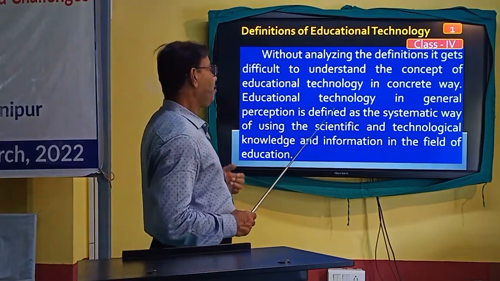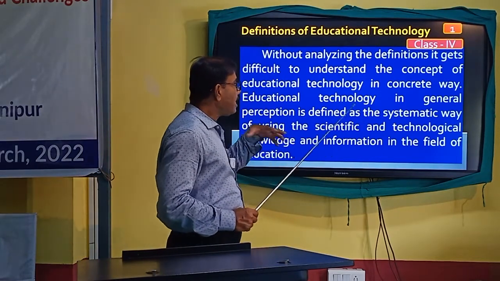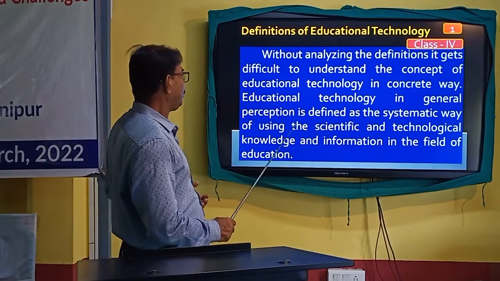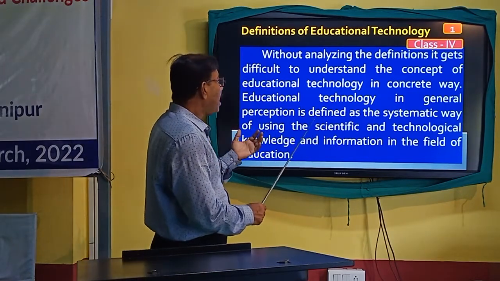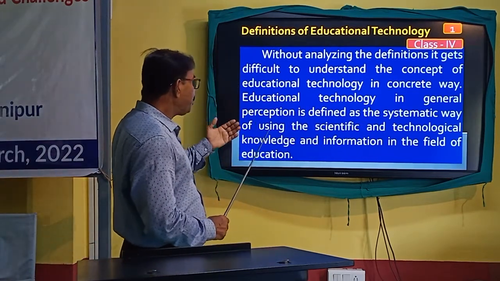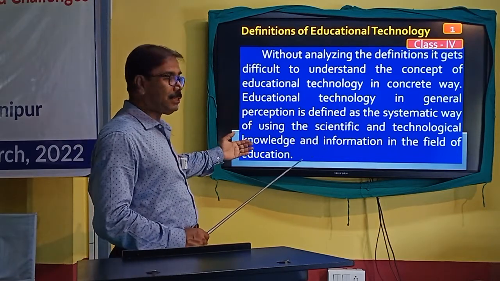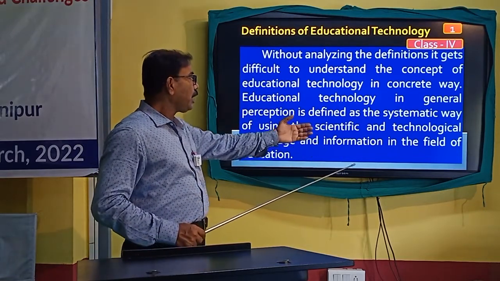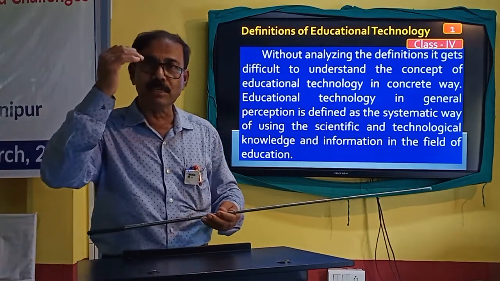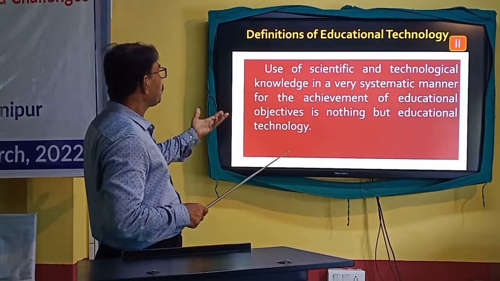Educational technology in general perception, in general terminology, is defined as the systematic way of using scientific and technological knowledge and information in the field of education, in totality. Let us see the next slide.